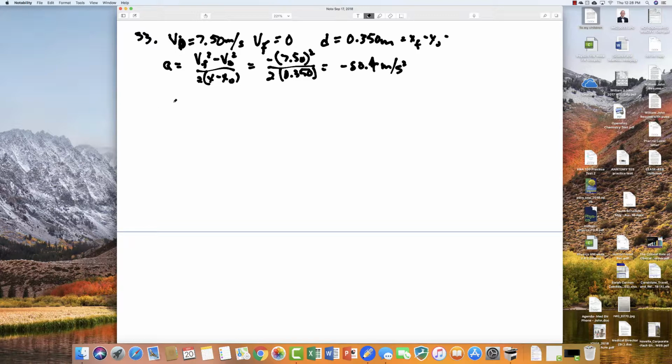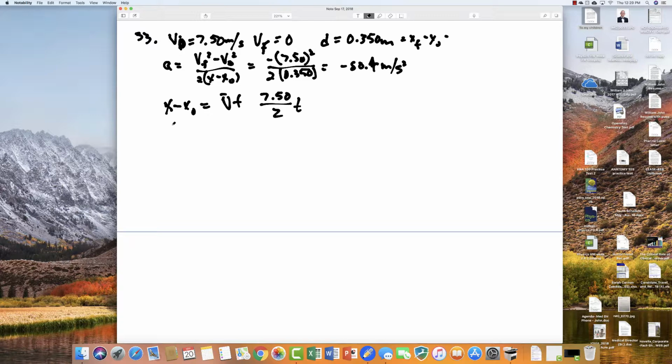Now the second part of this problem is to calculate the time that it takes that to occur. And again, there are a couple ways to do that. One is to say that the displacement, x minus x0, is equal to the average velocity times the time. And the average velocity is the sum of these two divided by 2. So it's going to be 7.50 divided by 2 times t.